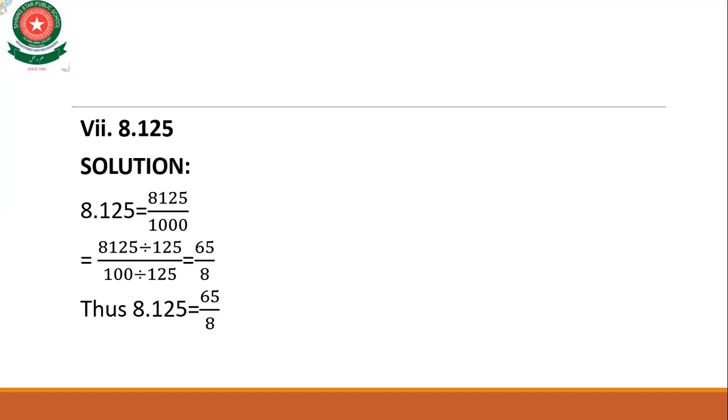Now, according to step number 3, we have to simplify, or reduce, the equation. So we are going to divide 8125 by 125. When we divide 8125 by 125, we get 65.